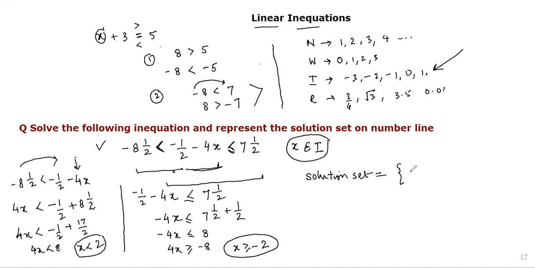So 1 definitely will be -2. Why? Because it is included. The next one will be -1. Yes. Then it will be 0. And then 1. Should I take 2 also? No. This is the solution set.